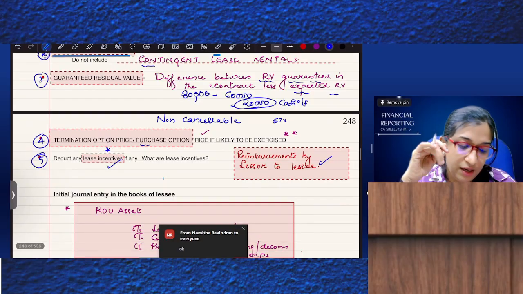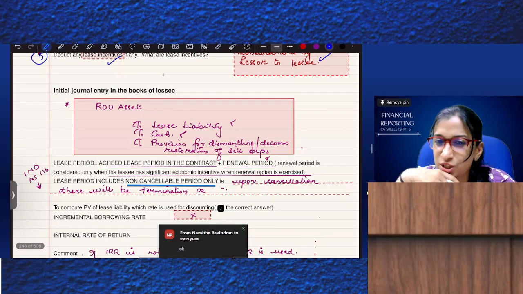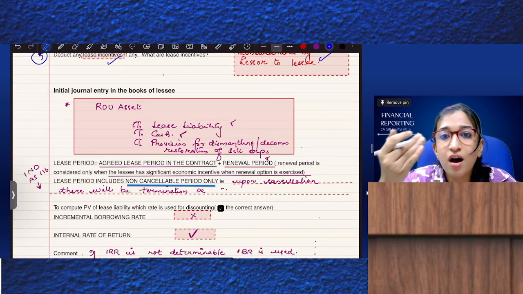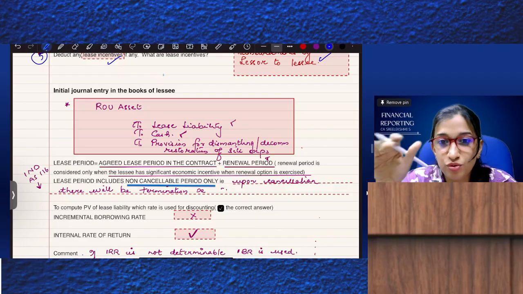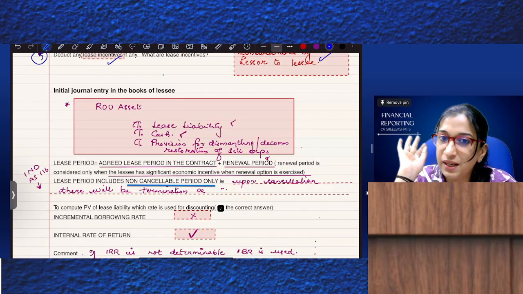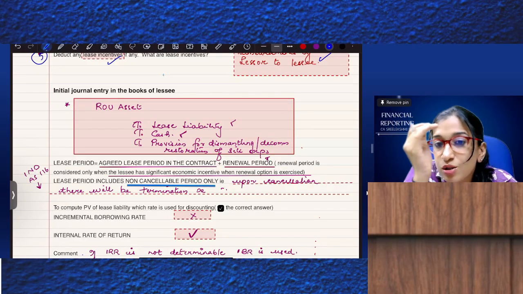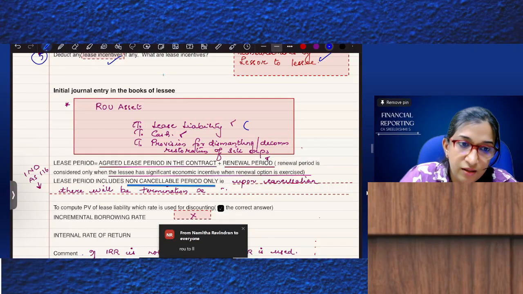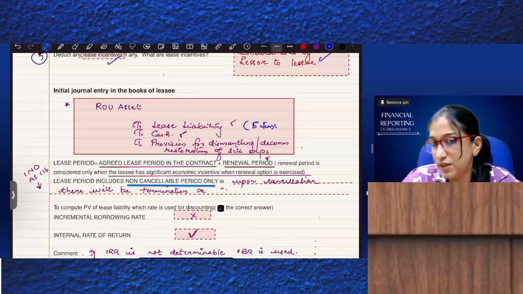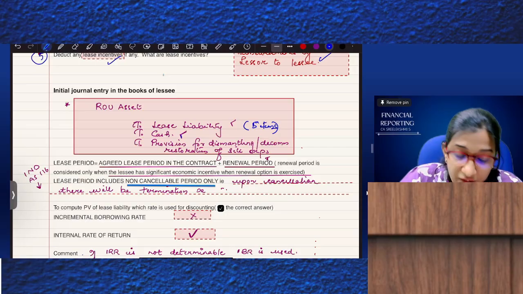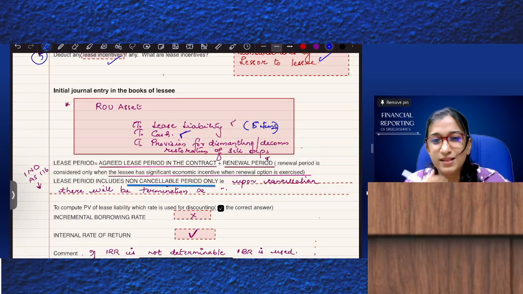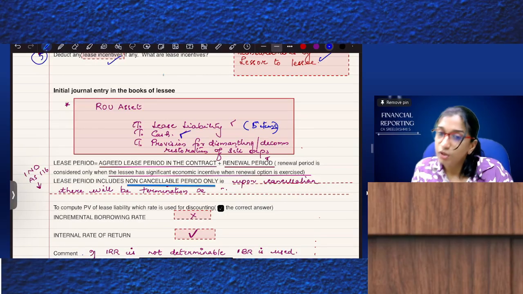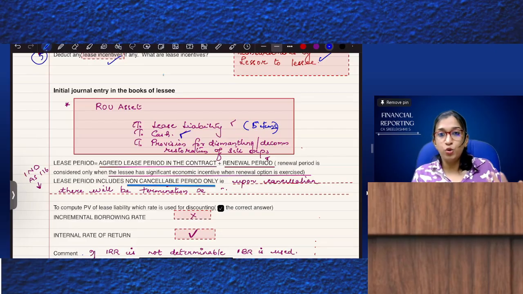Okay. Now what is the journal entry initially in the books of the lessee? ROU, right of use asset debit, which I have to show separately in my balance sheet. And lease liability, which is 1 plus 2 plus 3 plus 4 plus 5, less lease incentives to be deducted. If you have paid a lease rental in advance, it is not lease liability, you already paid rentals in advance.